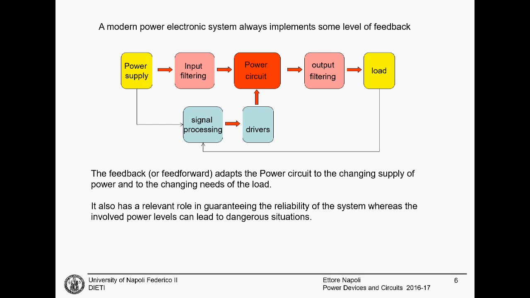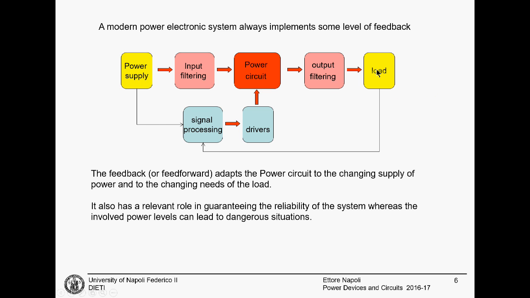We will not go very in depth in the circuits, and actually our circuits will not have any kind of feedback. But in a real system, it must be said that there will always be some kind of feedback. Because you have a variable, not stable power supply, and also a variable, not stable load.